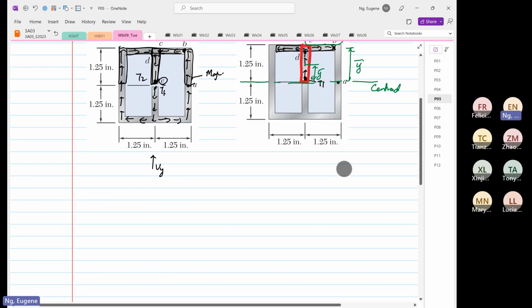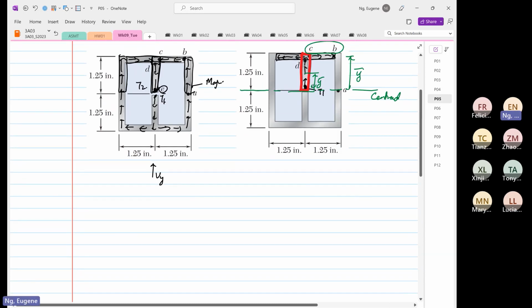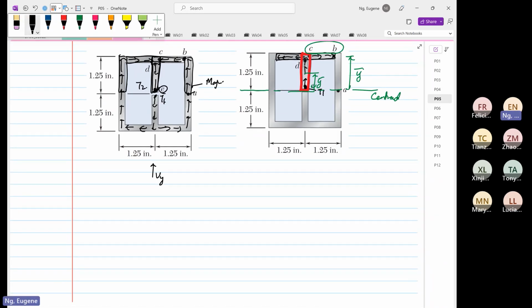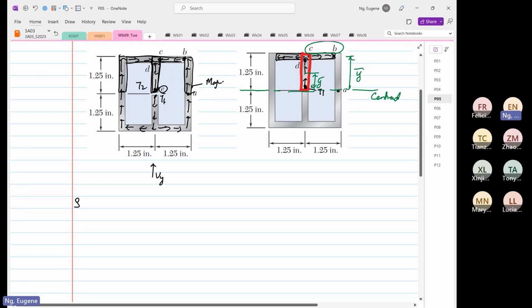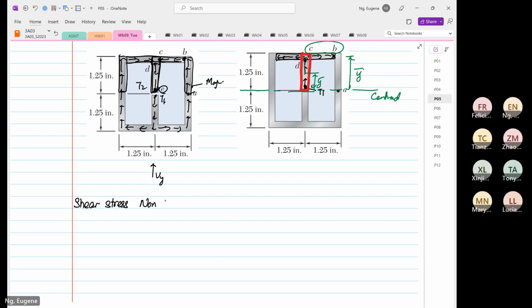So let's go into the next section, which I think is easier, which is known as the shear stress, for non-thin wall analysis. Anyone? Any question?